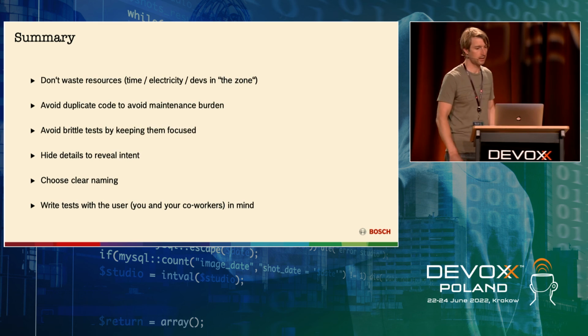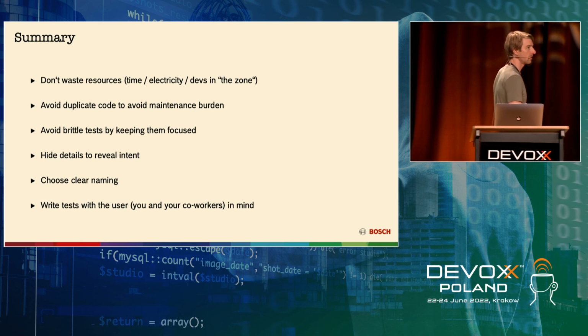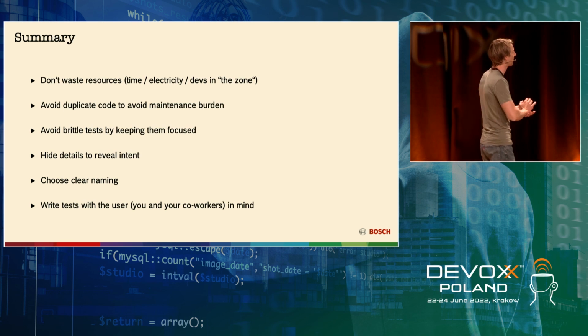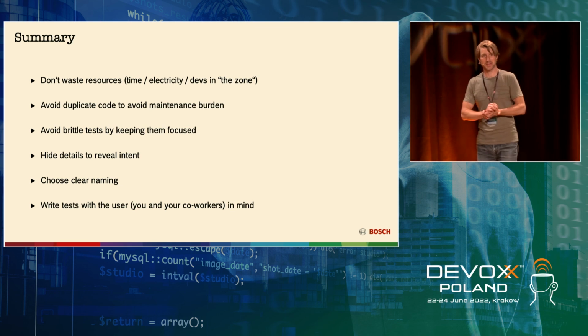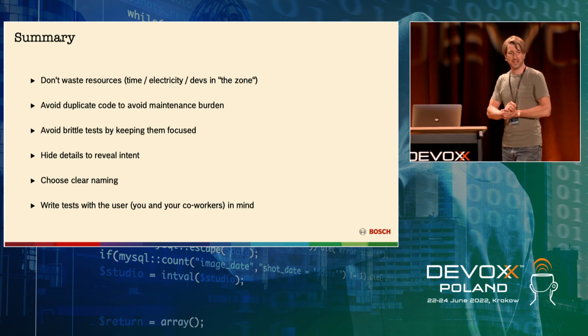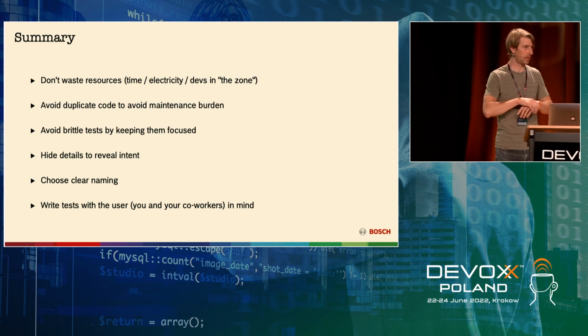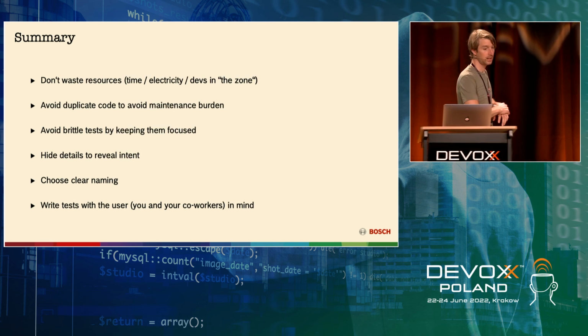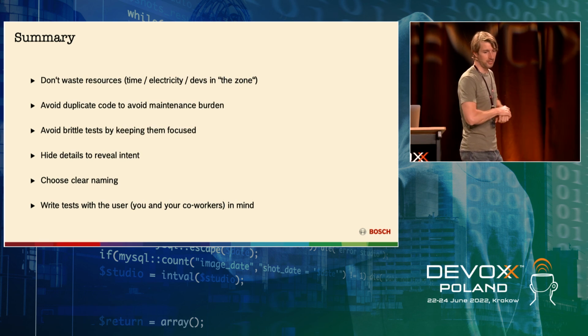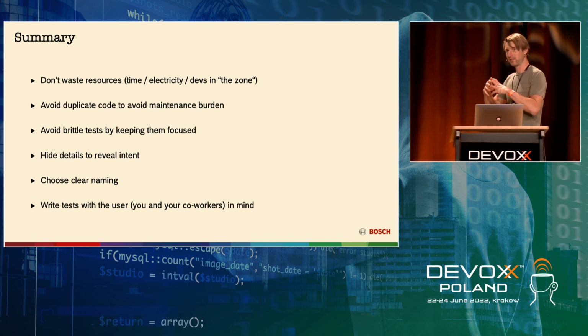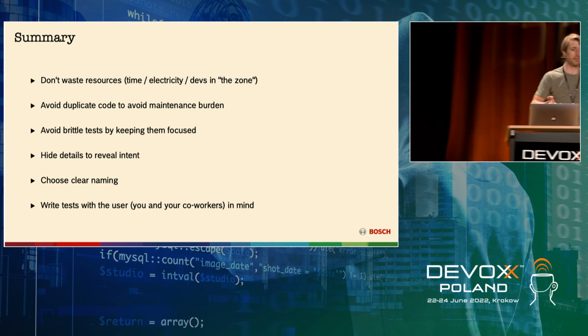Yep, and that's basically already it. Summary: don't waste resources, especially not your developers' in-the-zone time, by making them wait unnecessarily. Avoid duplicate code to not make your test suite become a burden.